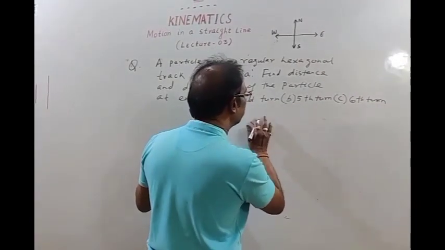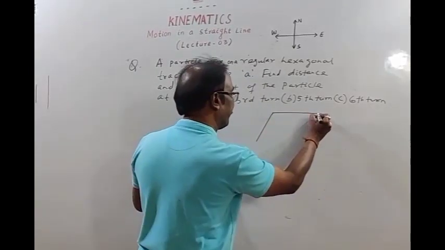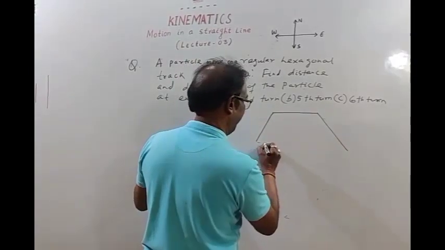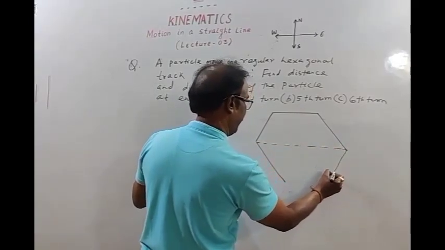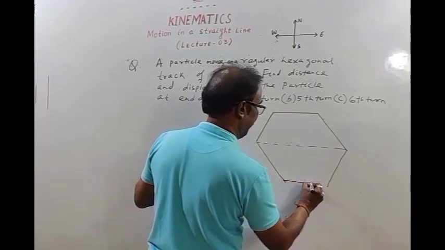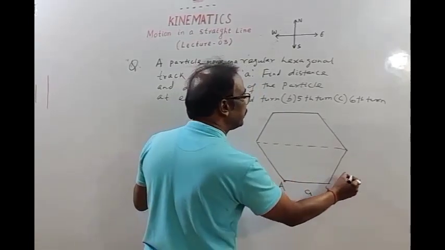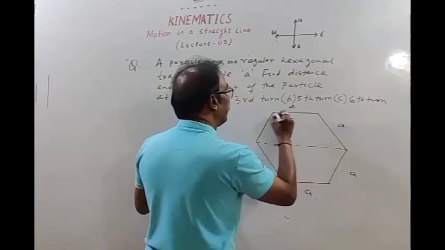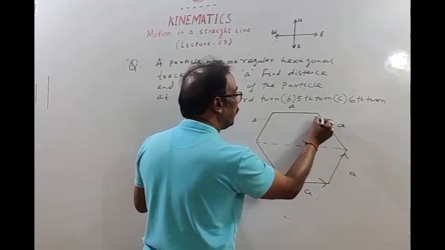Let's represent a regular hexagonal track. Okay. Then the particle starts from A. This side is A, this side A, this side A. Okay. It moves on the hexagonal track.